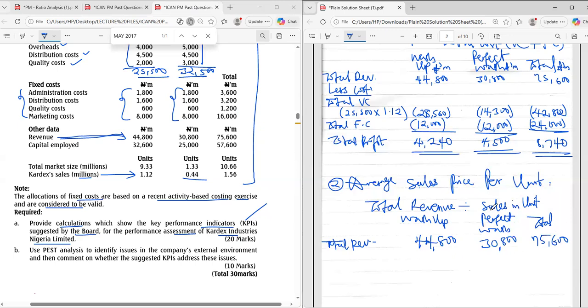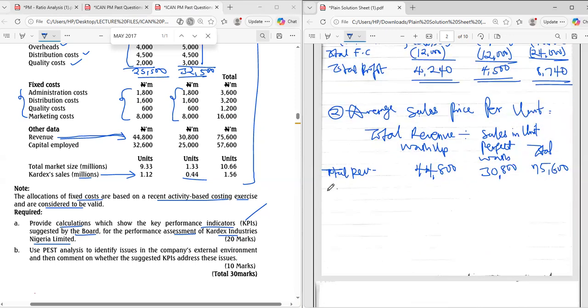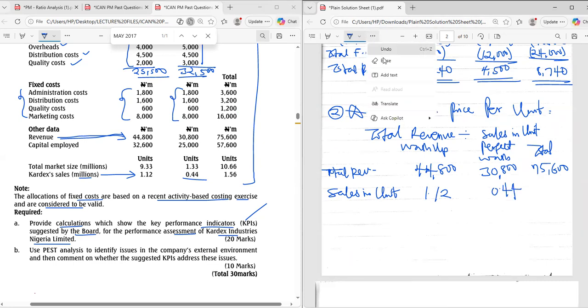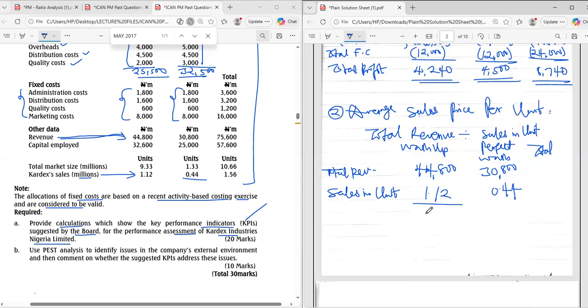Who can give me the quantity now, the sales in units? 1.12 and 0.44. Then we get 40,000 and 70,000. Is it divide? Yes. Okay.